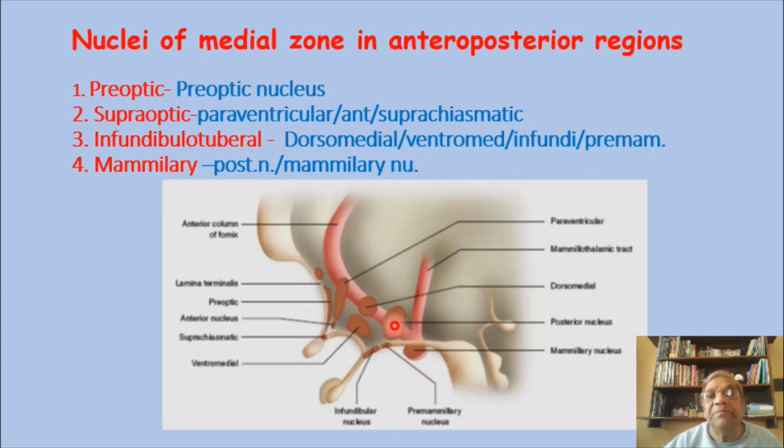We are in the medial zone, from anterior to posterior. This large posterior nucleus controls our cardiovascular function. The mammillary nucleus is a nucleus of the limbic system, and it connects to the thalamus.